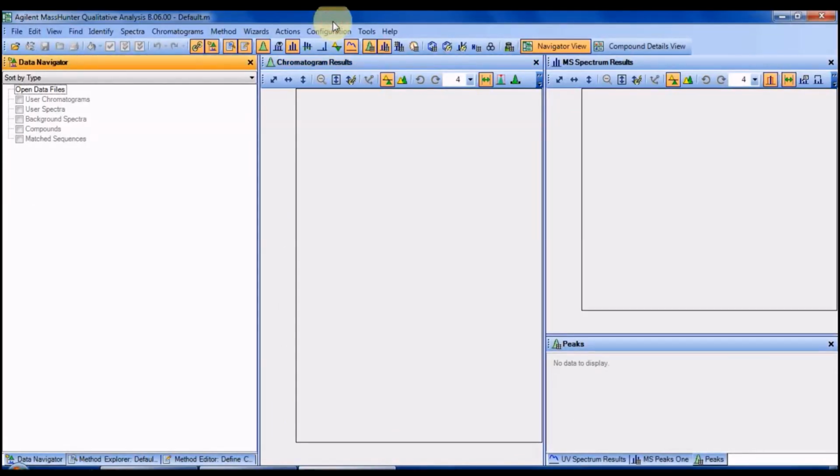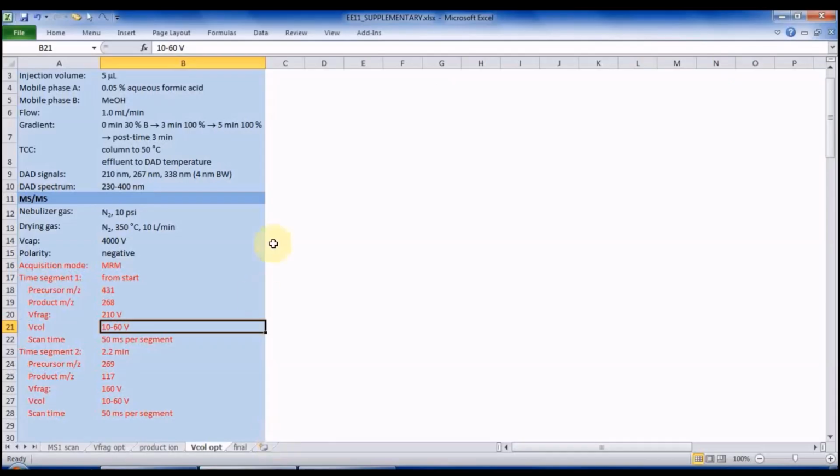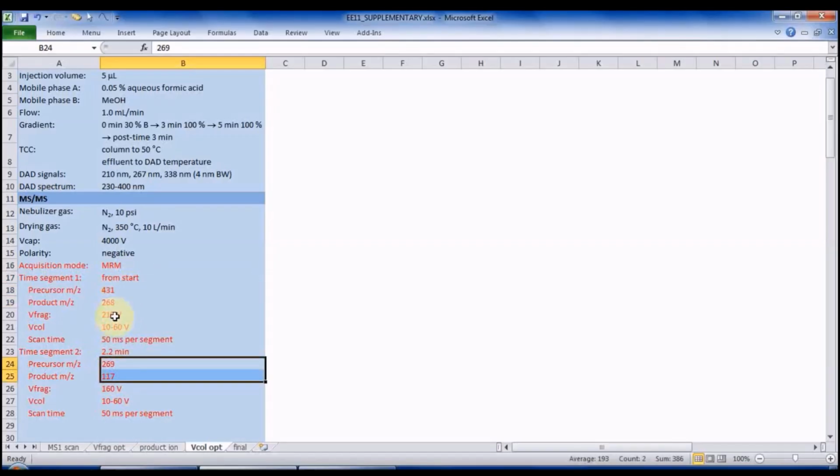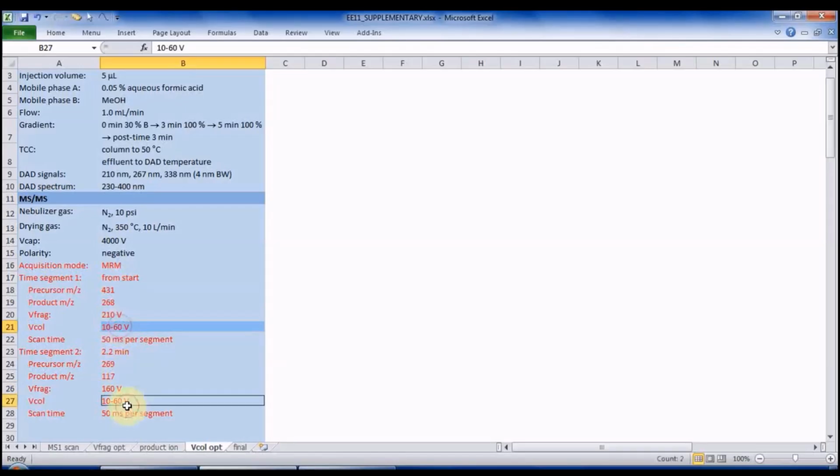As with fragmentor voltage, we need to optimize collision energy for each compound so as to maximize the sensitivity. The standard will be analyzed in MRM or SRM mode with previously defined precursor and product ions, optimized fragmentor voltages, and with collision voltages in 10 to 60 volt range with 10 volt increments.